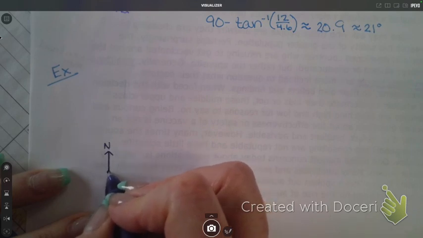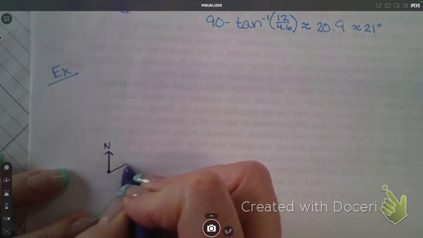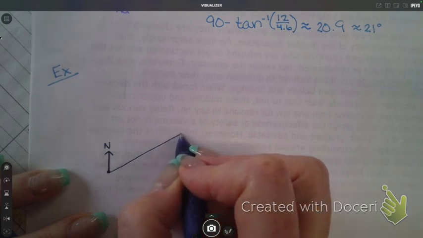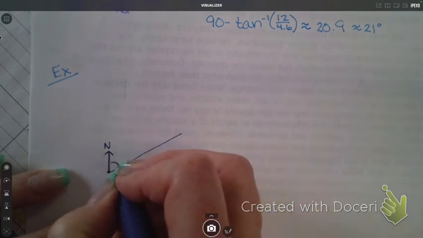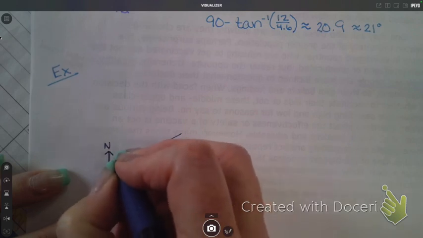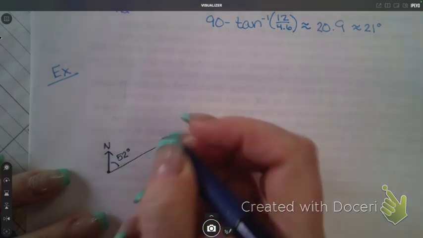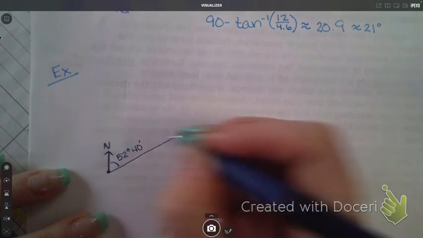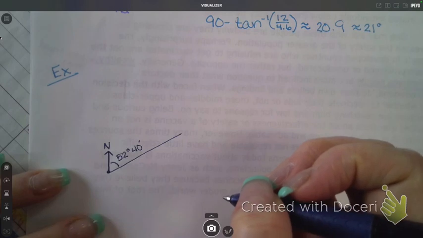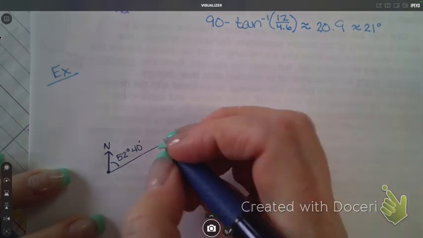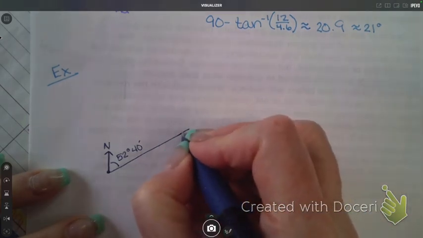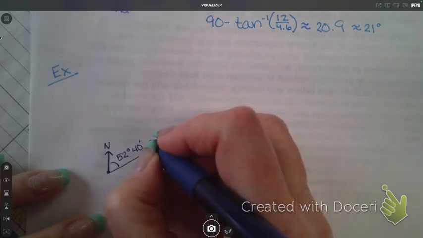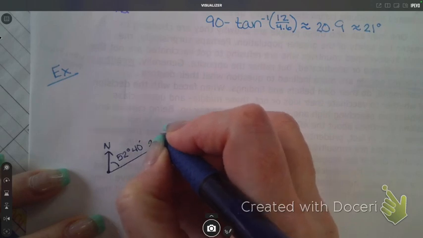So this right here is 52 degrees 40 minutes. Can we do math with that? No, so we're going to have to change it, right? And then we go for 238 miles.